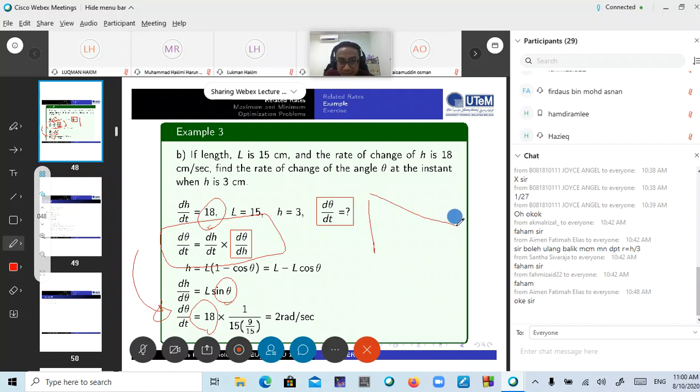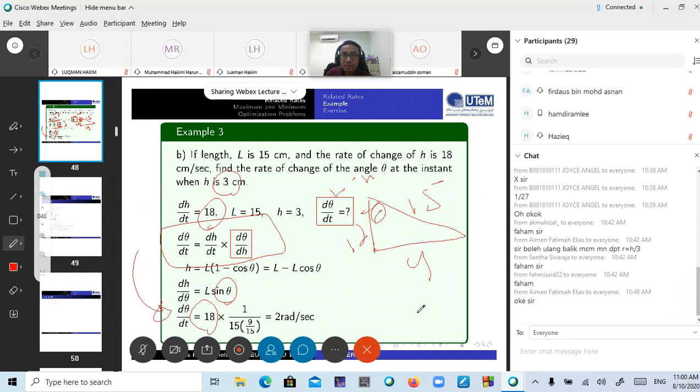Awak tengok teorem Pythagoras tadi. Ini adalah theta. Sini 15 L. Sini berapa? Sini adalah 12. Kenapa 12? Sebab H sama dengan 3, sebab sini tadi adalah L minus H. Ini 12. So, teorem Pythagoras ini akan jadi 9.